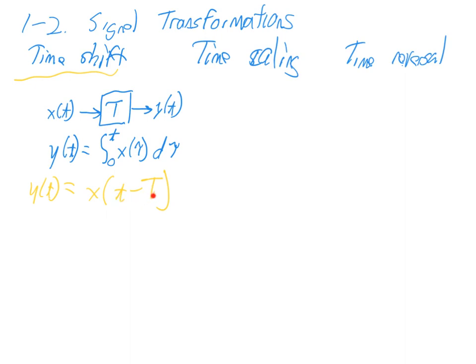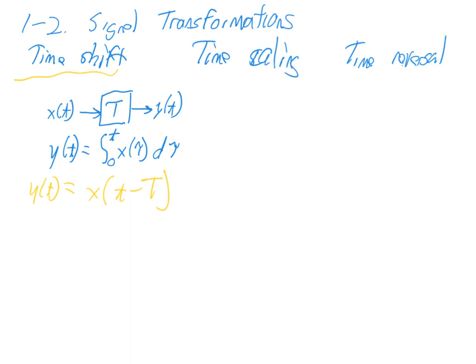Reduce it by 5 seconds, and then evaluate the input. So this is just taking an input x and delaying it by capital T seconds. When I say delay, we're assuming capital T is a positive number. If I subtract a negative number, of course, I'm going in the opposite direction, and I would not be delaying the input, but I would be making the input come sooner.